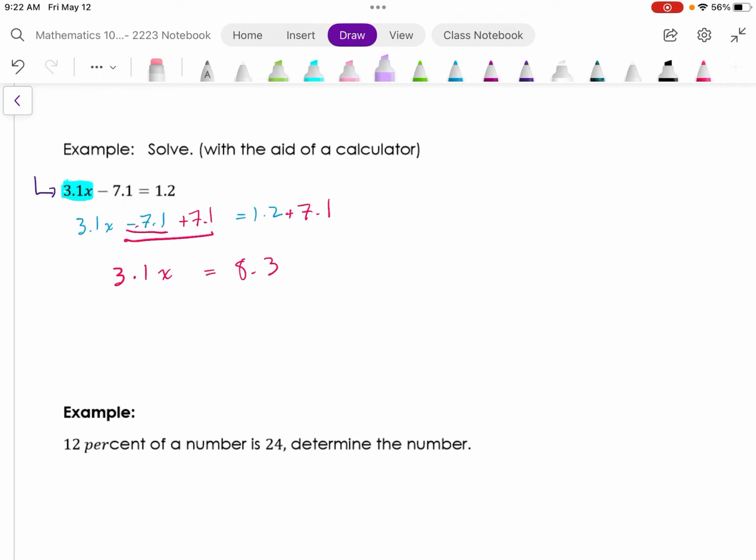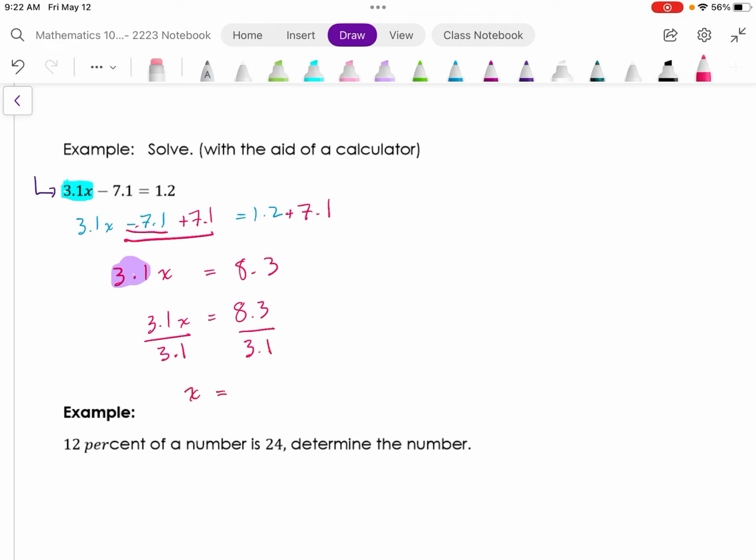So now what I would like to do is isolate x. But what's going on to x? Well, x is being multiplied by 3.1. So 3.1 is just a number like any other number that we've dealt with. So I'm going to do the opposite of multiplying by 3.1.